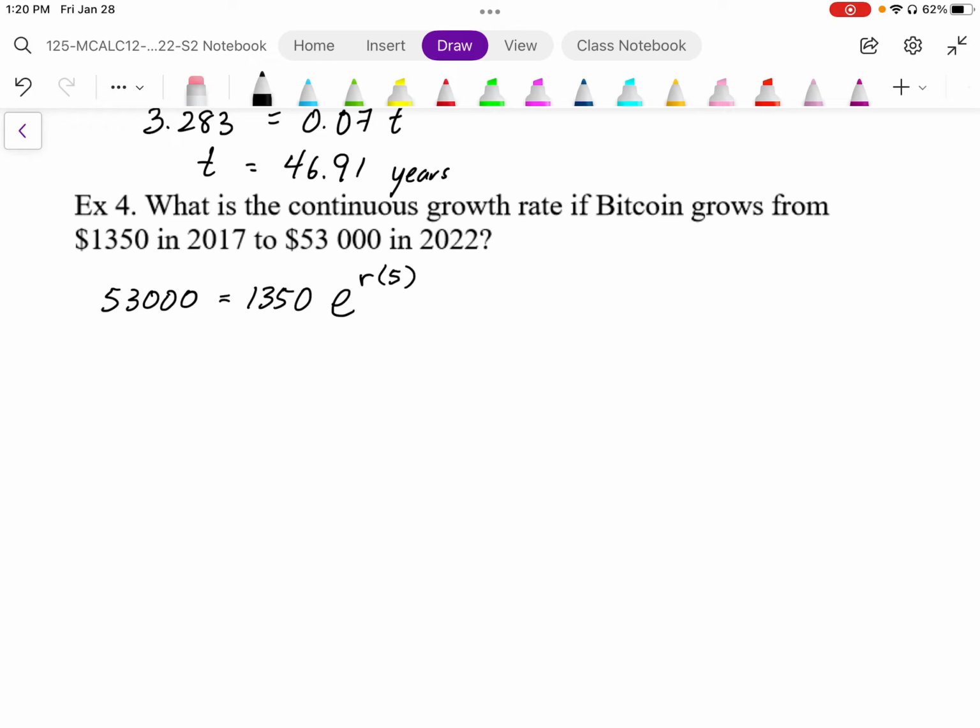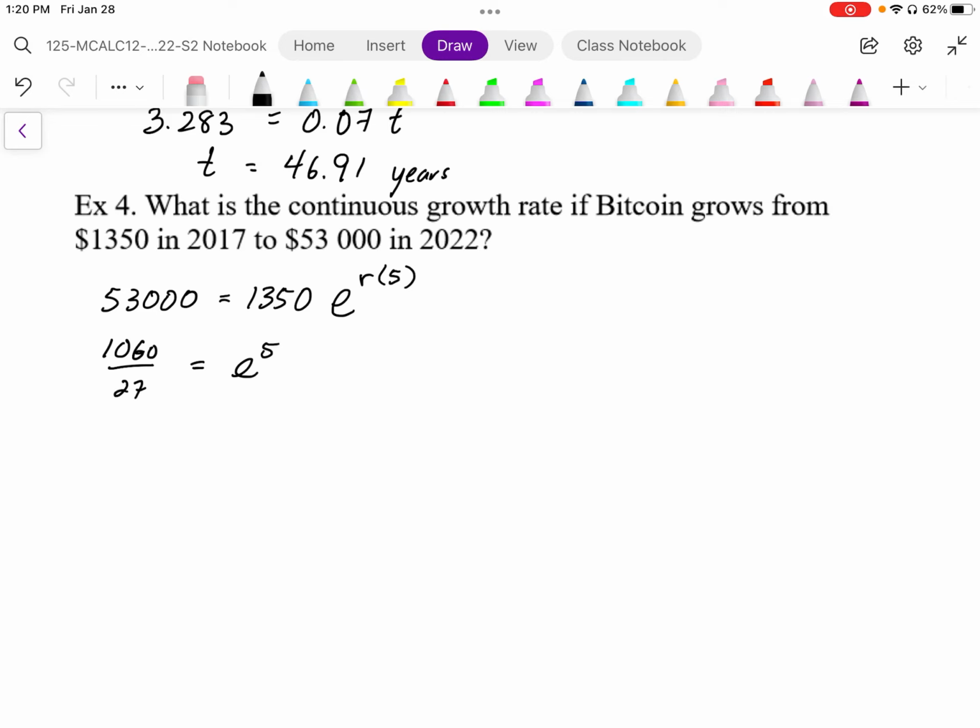So then again, I'm going to solve for the exponential. So I'm going to do 53,000 divided by 1350, and I end up with, as a simplified fraction, 1060 over 27, which is about 39.25.